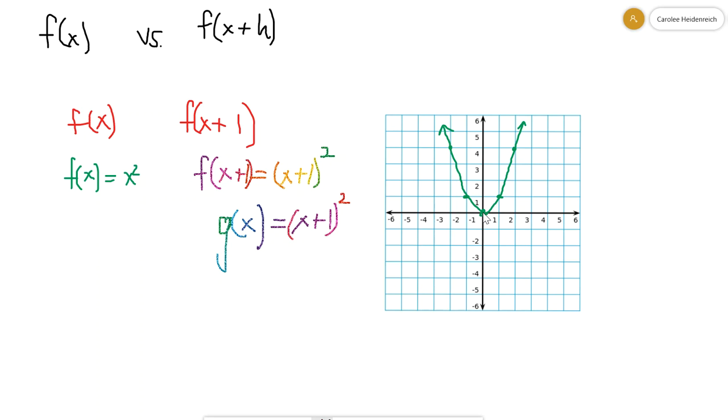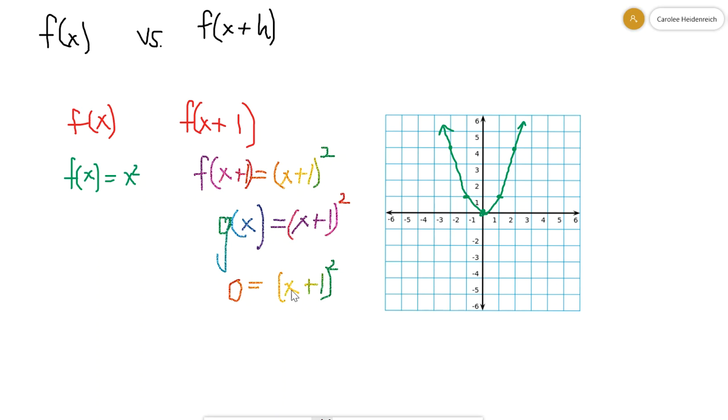The way to tell where it has moved horizontally, whether left or right, is to keep the same y value for the point, so 0, and then figure out where the x is now. So I'm going to figure out what happened to that point by keeping its y value at 0, and then seeing what the new x value is.